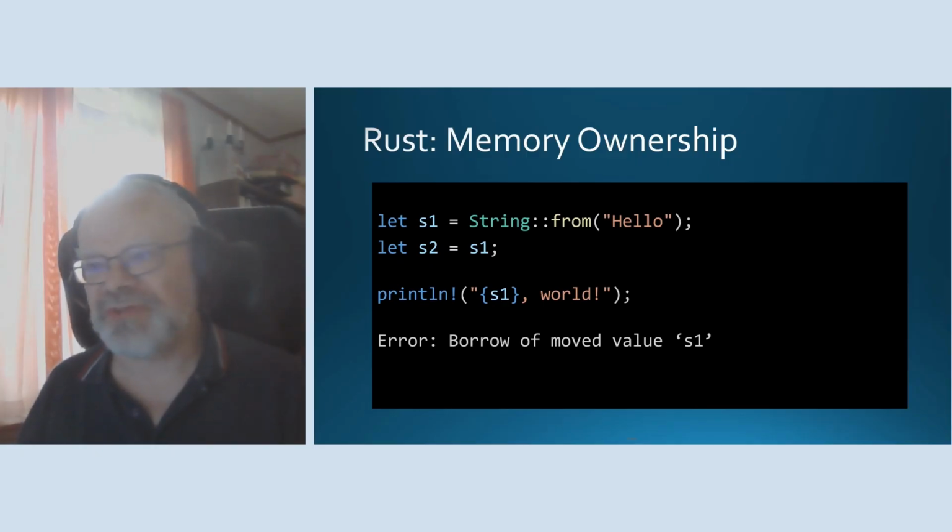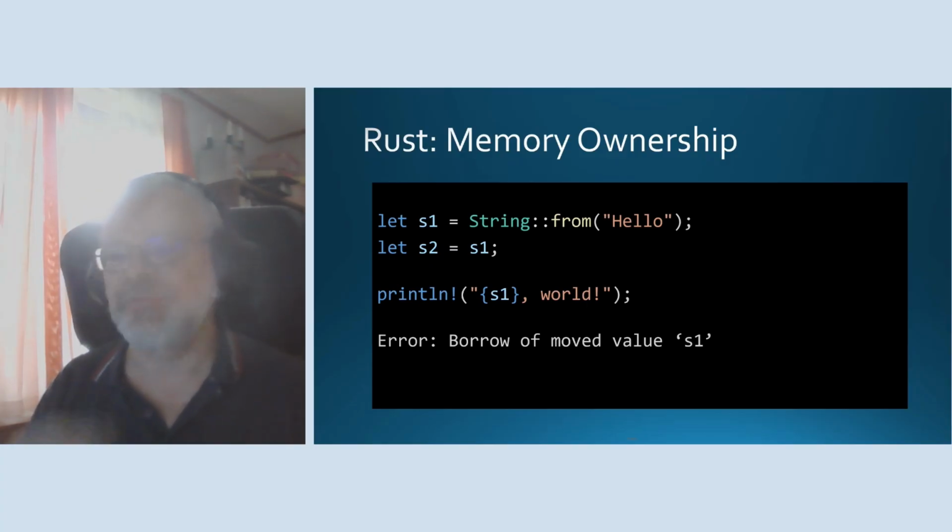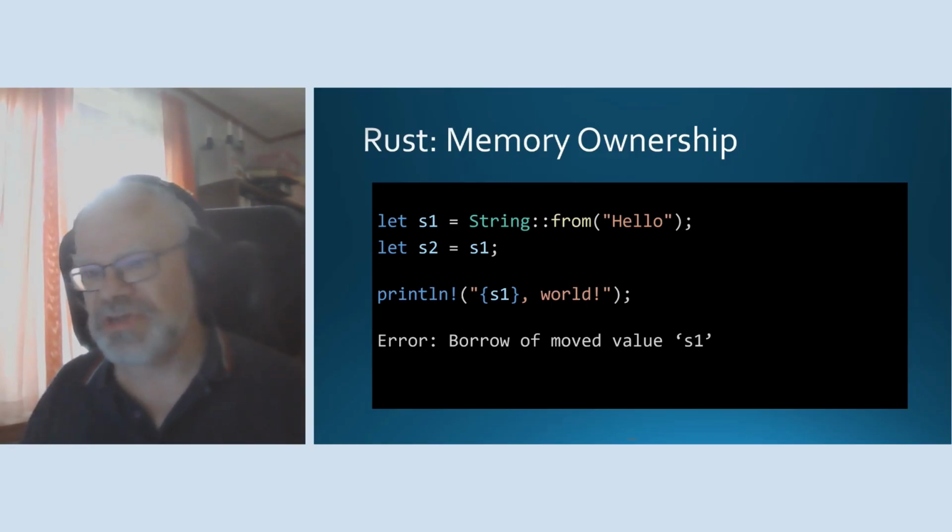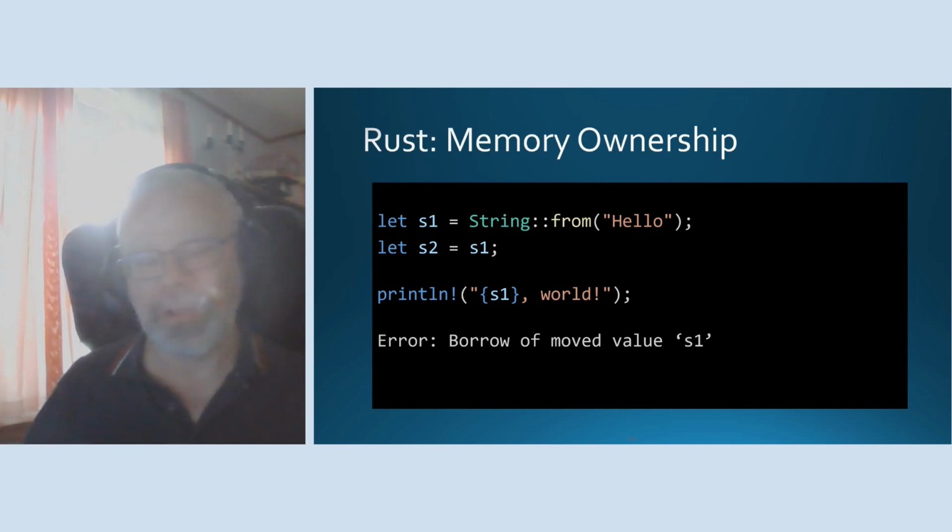That means we're transferring ownership of the string to s2. s2 is now the owner of the data. If we try to use s1, we will get a compiler error saying that there is a borrow of moved value, the ownership is s2. s1 does not have ownership of this anymore and cannot use it.